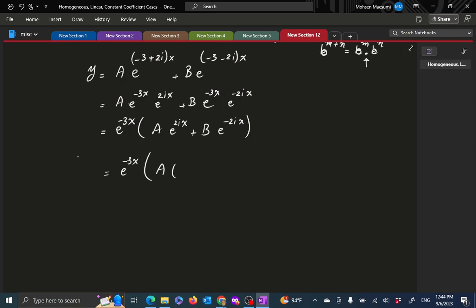Euler says exponential of i theta is cosine of theta plus i sine of theta. So exponential of 2ix is cosine of 2x plus i sine of 2x. Same thing with b: b times cosine of minus 2x plus i sine of minus 2x.